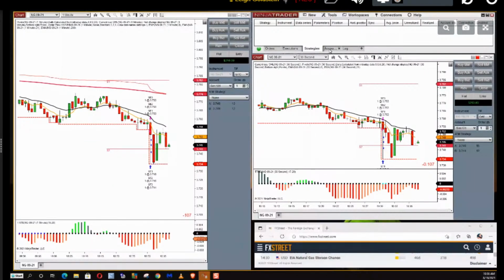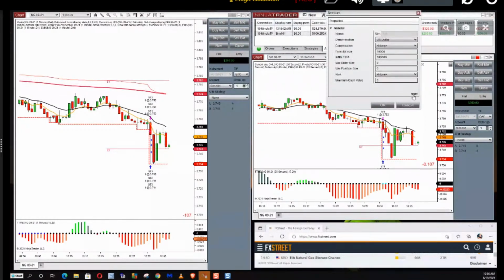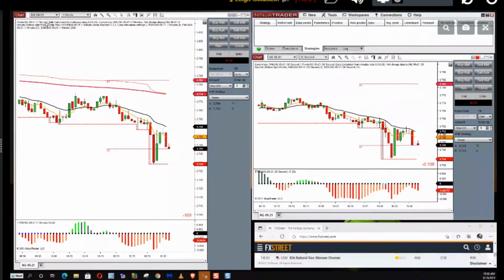So I was curious about one thing, though, that I want to show you all. Let me reset my account, and because this is our only trade room for today, I want to show you something. There was a report this morning, right?